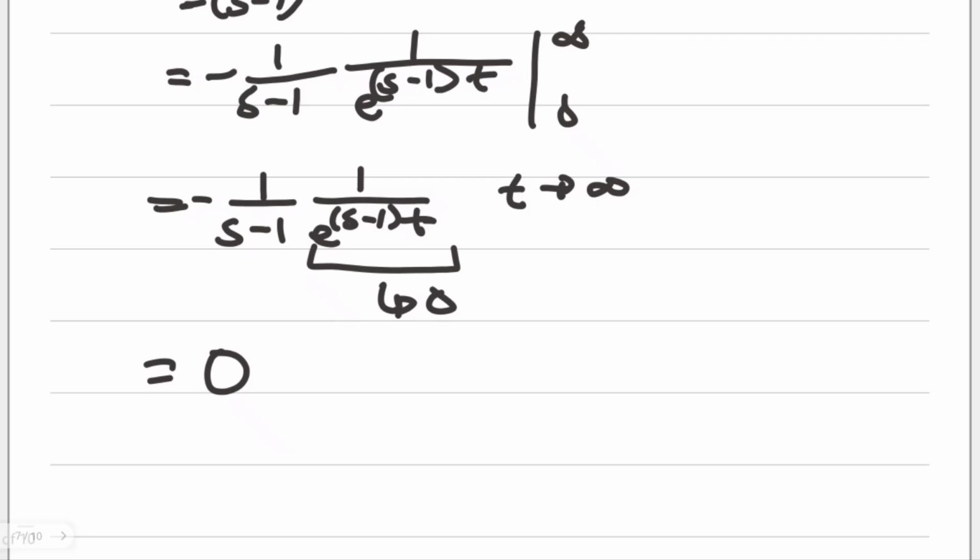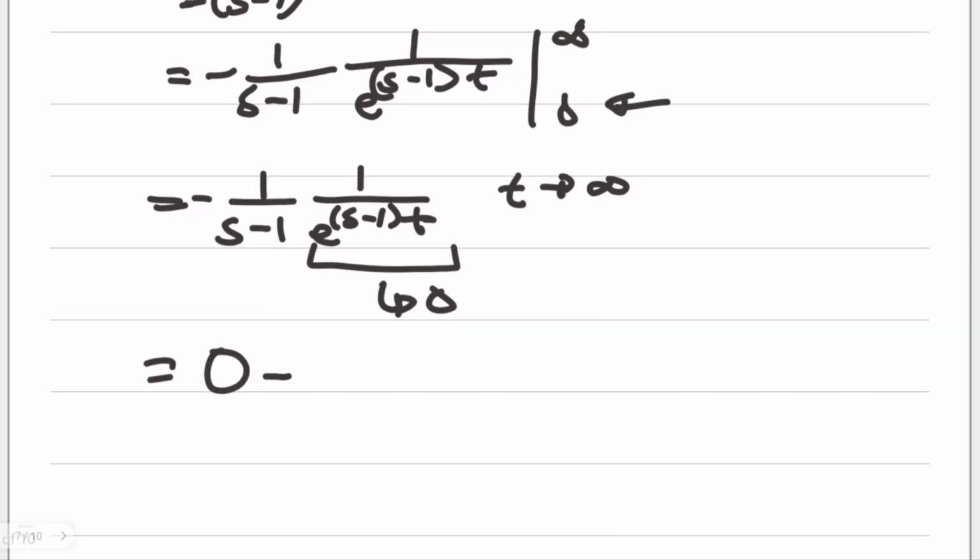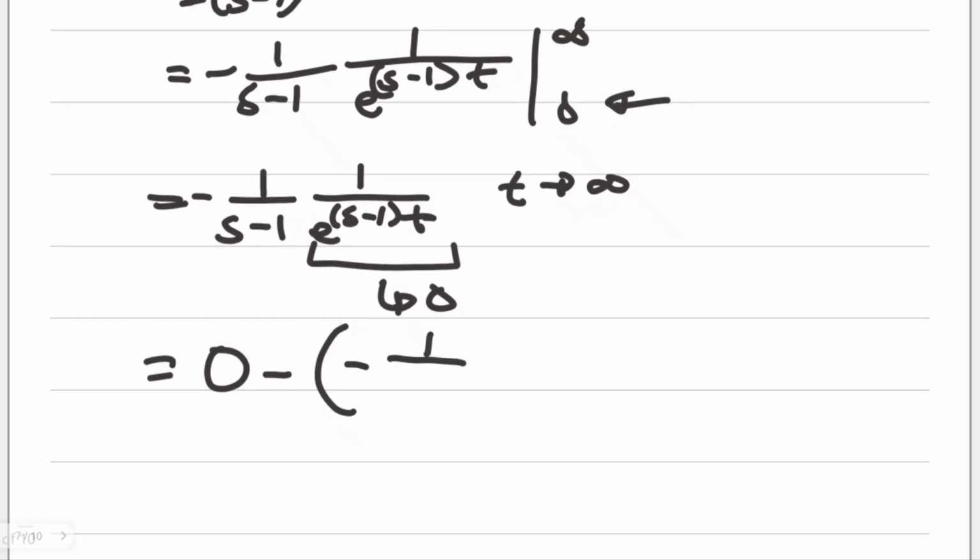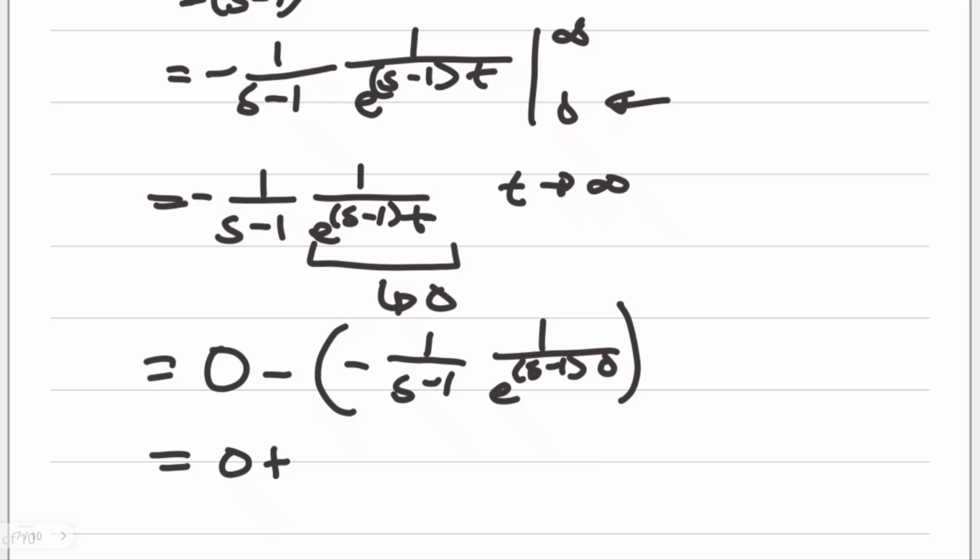Then, for this form, you have minus negative 1 over s minus 1, then 1 over e to the power of s minus 1 times your t, which is 0. With this, 0 minus, or now plus, 1 over s minus 1 times 1 over e to the power of 0, which is just equal to 1.